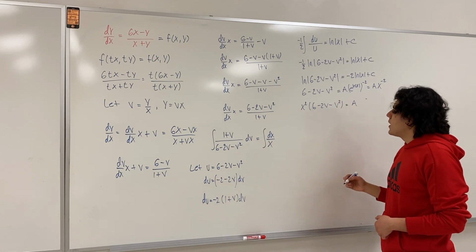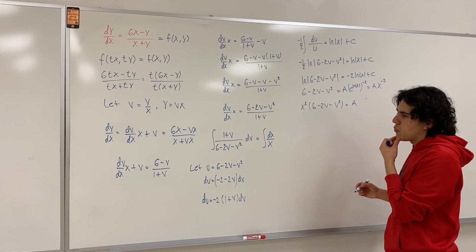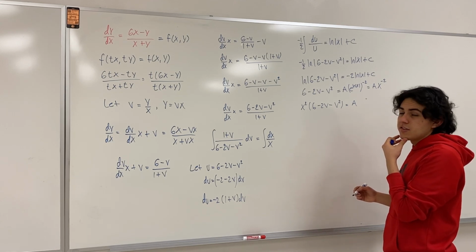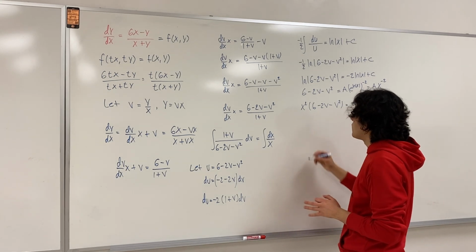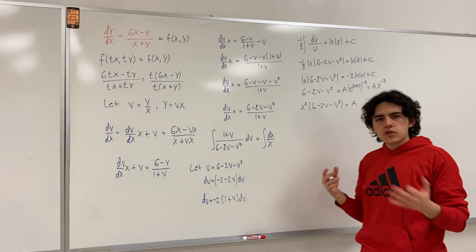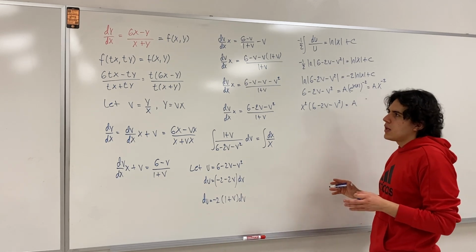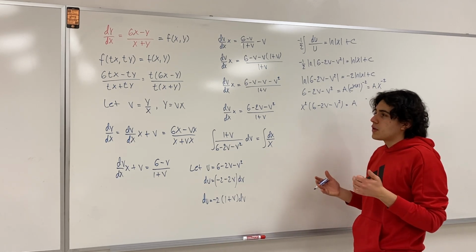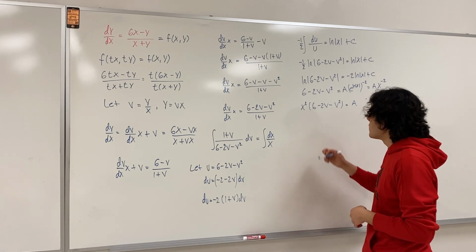And now it looks like we're not going to be able to solve this in terms of y explicitly. So I'm just going to undo the substitution, and I think we're going to have a form in which we have a function of x and y in terms of c, which is a totally valid solution. It may not be the most useful solution because typically we want to know y explicitly, but that's okay.